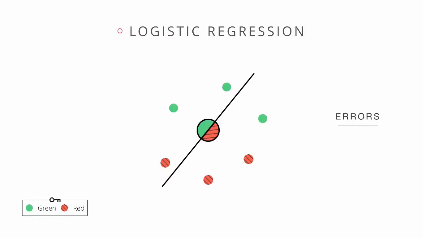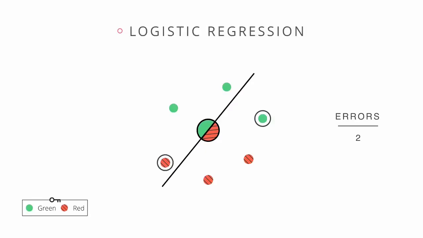So just like with linear regression, we'll first try to see how bad this first line is. A simple measure of how bad the line is just the number of errors. That is, the number of misclassified points. This line misclassifies 2 points, one red and one green. So we'll say it has 2 errors.